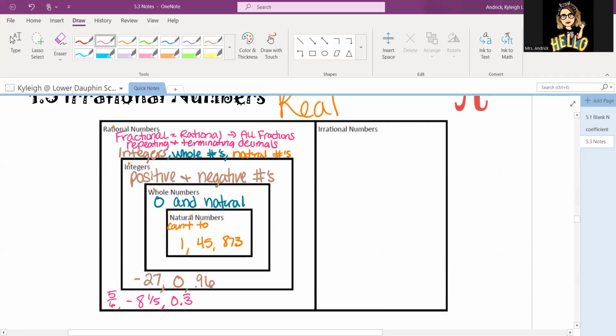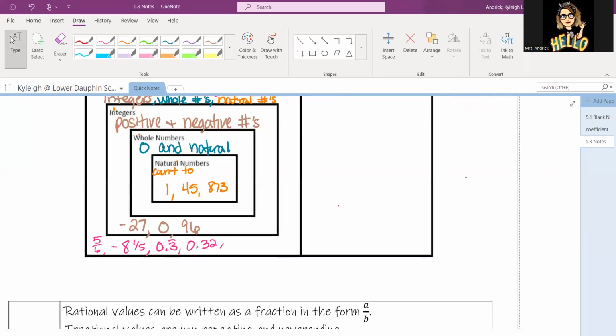Terminating. When you're thinking of the word terminate, maybe you're thinking of the word end. So terminating means an ending decimal. It stops. So 0.32, that's an ending decimal. 0.5.